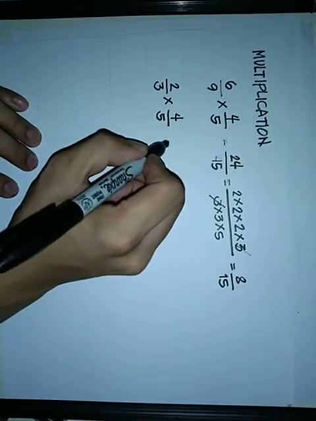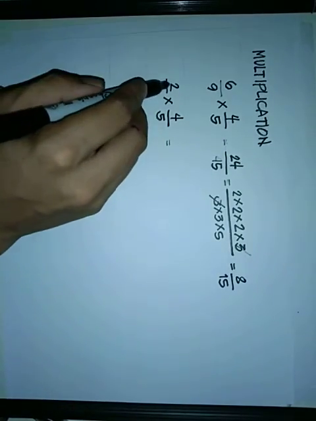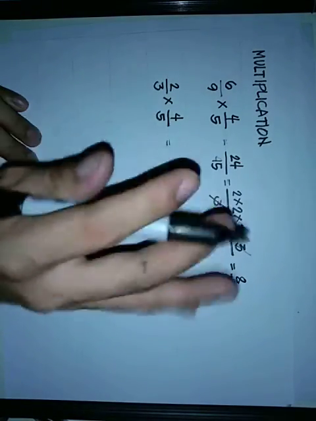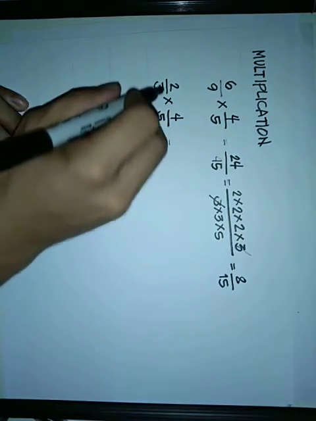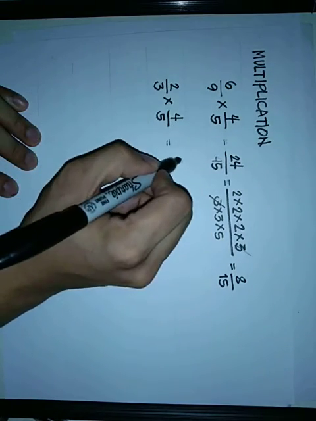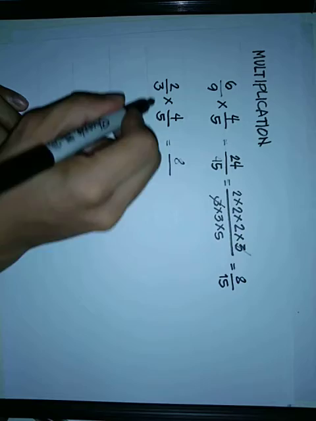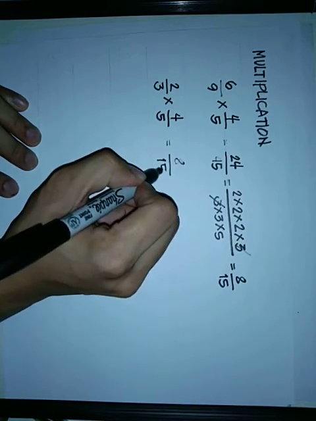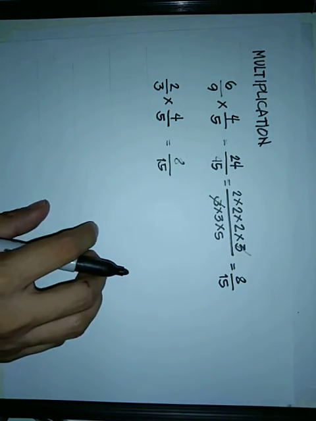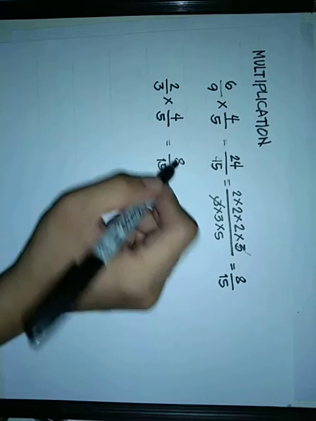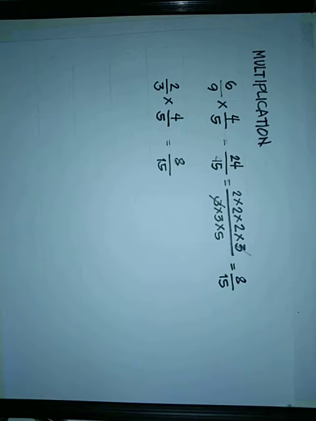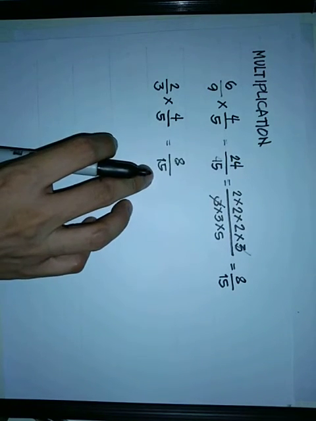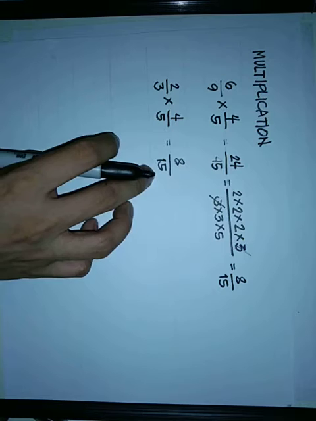So we will have numerator will be multiplied by its co-numerator, that is 2 times 4 we have 8, and then 3 times 5 is 15. Okay, so I know that wala na tong lowest term, so this is our final answer.